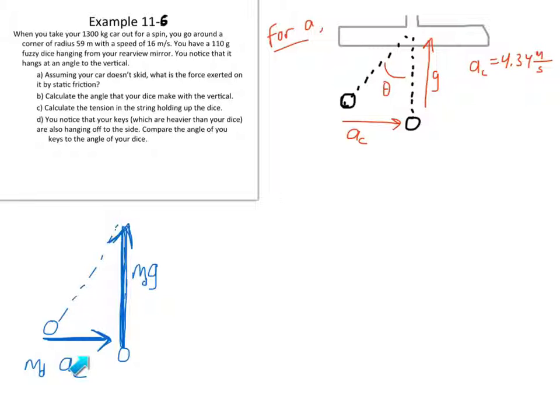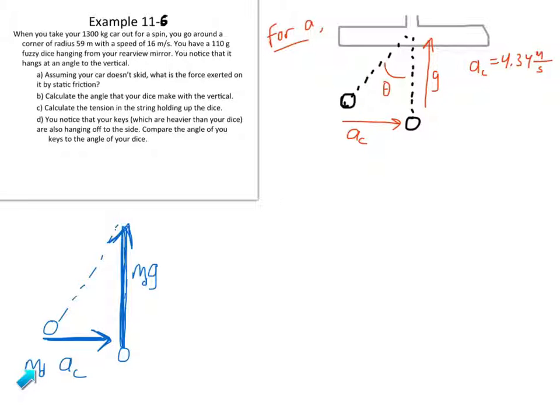I mistakenly had us initially try to put in the force on the whole car, and that doesn't apply to this because this is just the dice right here. So this should work. You'll see that really this is the same proportions as that. It just has each side multiplied by the mass of the dice. It's the same proportion, so the angle should come out.